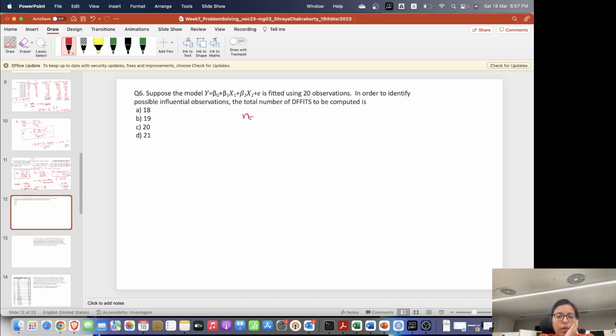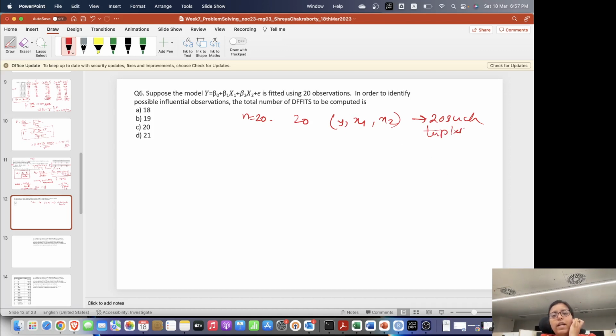So, n equal to 20, we have 20 such y, x1, x2 tuples, this information for 20 individuals.